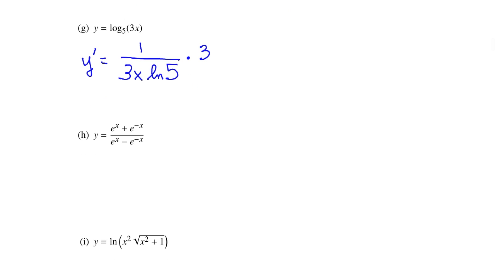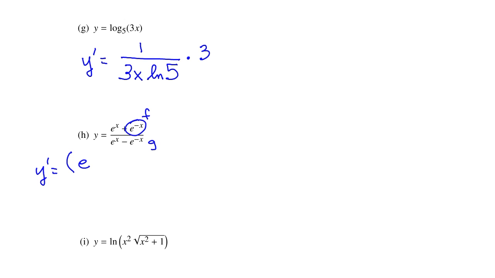H is a quotient rule. So this is y prime is equal to the derivative of the numerator. And you have to be careful because in the second part of the numerator, it's not e to the x, it's e to the negative x.